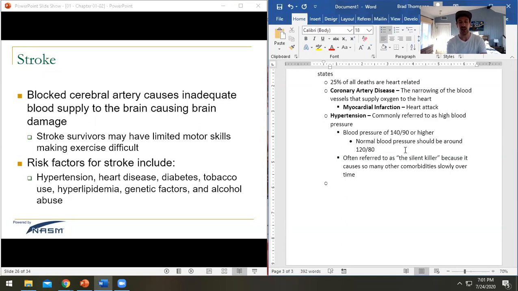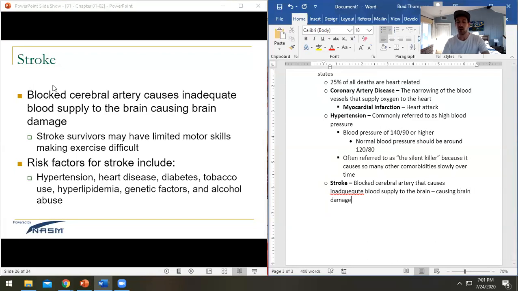Now, not necessarily 100% part of coronary heart disease, but definitely part of hypertension is also a stroke. Stroke is a blocked cerebral artery that causes inadequate blood supply to the brain, causing brain damage.